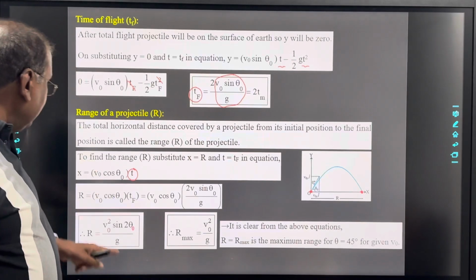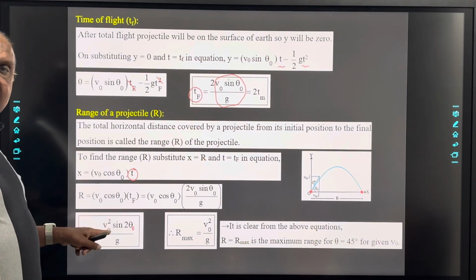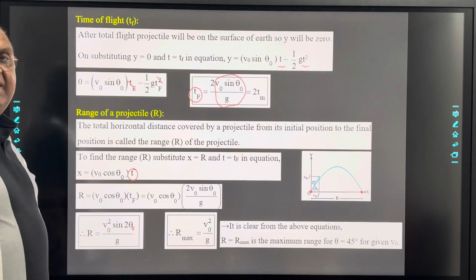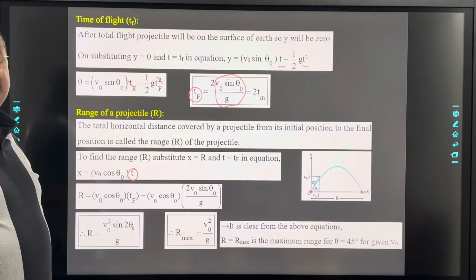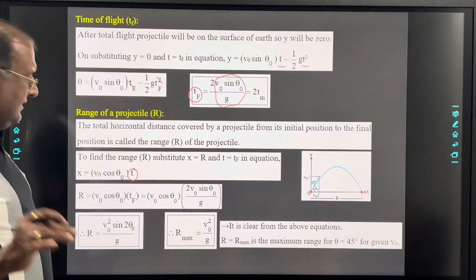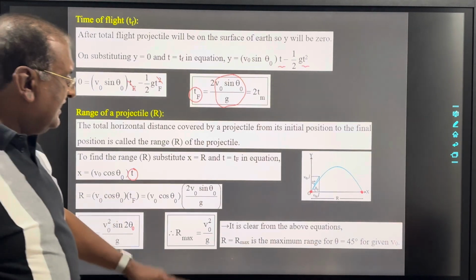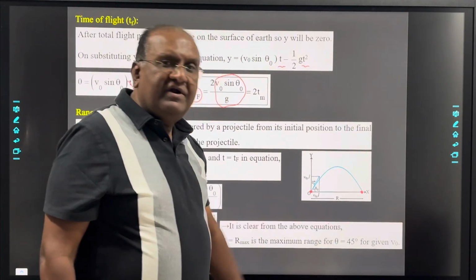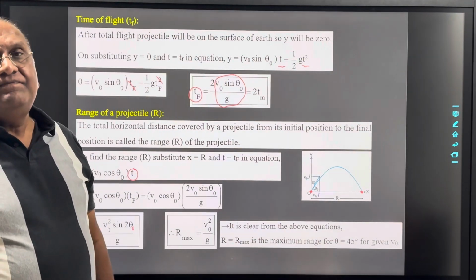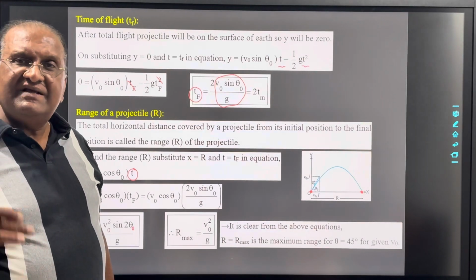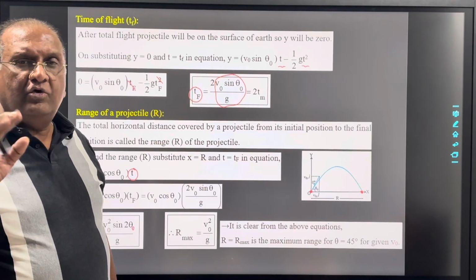So for a given initial velocity, or in other words, if the initial velocity is fixed, then if the object is projected at 45 degrees with the horizontal, definitely you will get the maximum range. Clear to all of you?